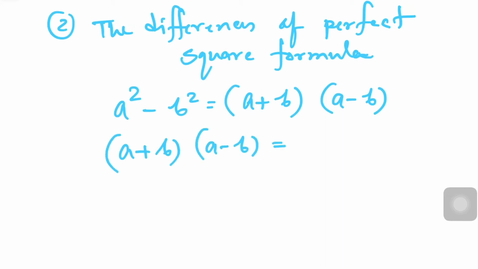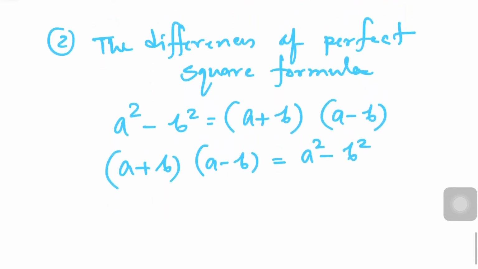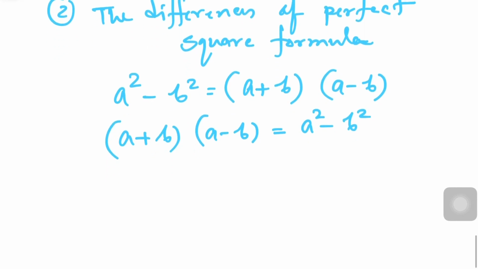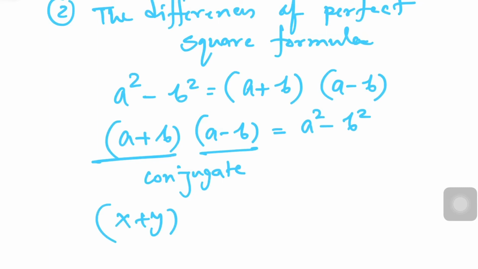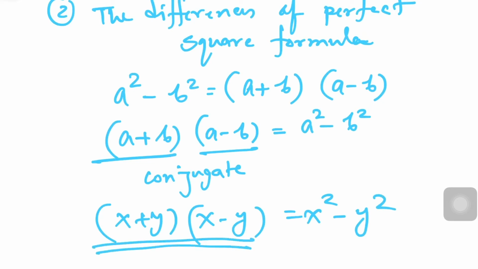Or if you have a plus b times a minus b, you can write a squared minus b squared. Okay, so those are the two things you should know. I hope you notice that they are conjugates, right? So if you have x plus y times x minus y, that's going to give us x squared minus y squared. So we are multiplying by the conjugates.